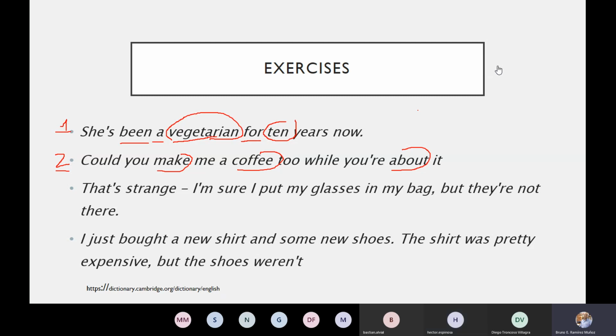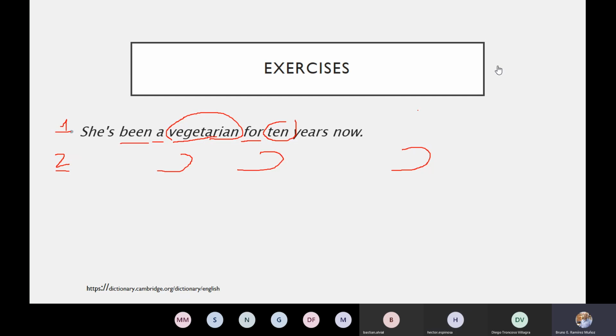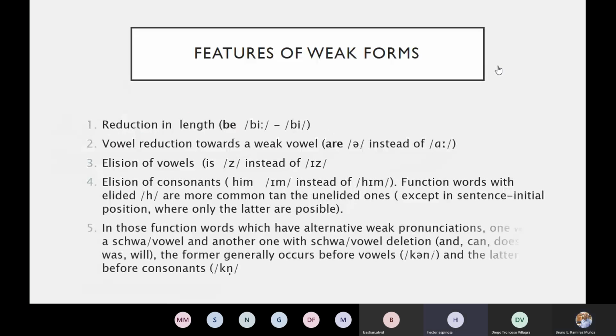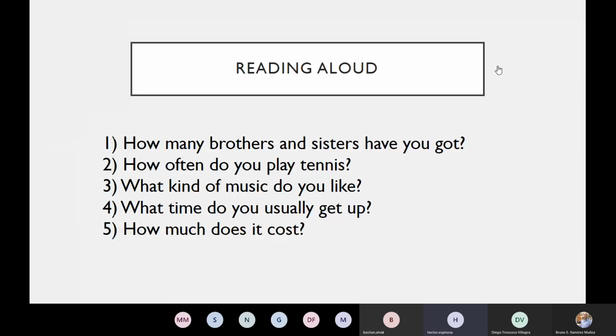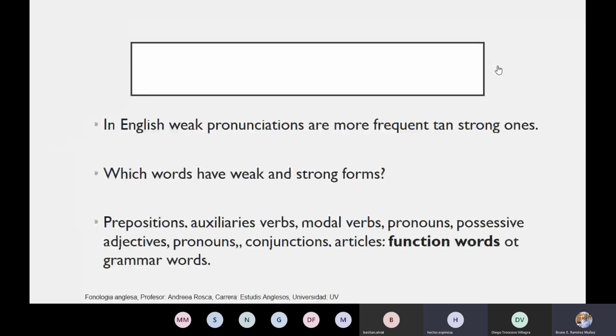And the rest of the words are called function words. And whenever you use function words, we are using the weak form. That depends on the context of the sentence. Exactly. For example, in the slide that I'm sharing now, at the bottom it says prepositions, auxiliary verbs, modal verbs, pronouns, possessive adjectives, conjunctions, articles.